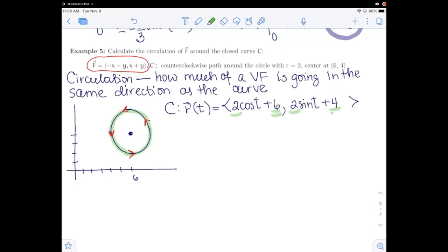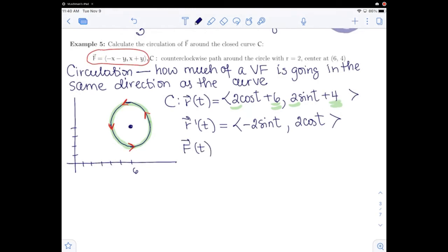We know our r(t). We can compute r prime right away. So what is our r prime? r prime is going to be negative 2 sine t, and then here we get 2 cosine t. That's r prime.